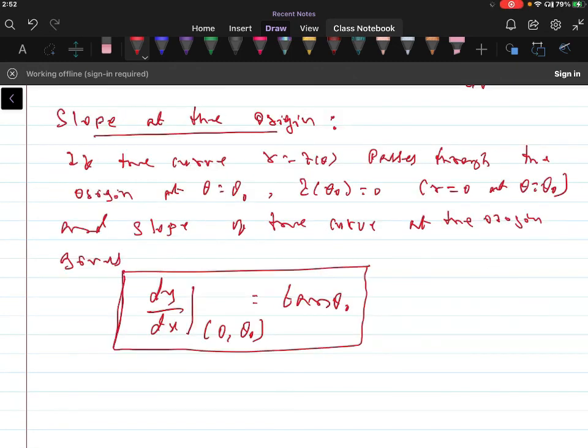So this is the formula to find the slope of the curve at the origin.